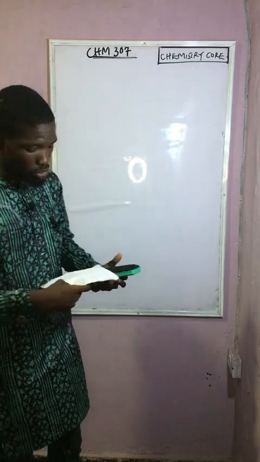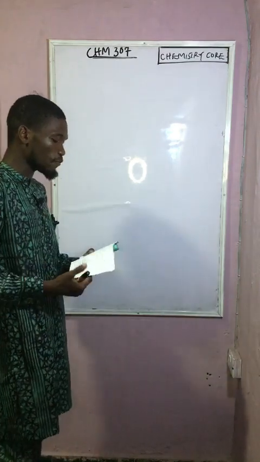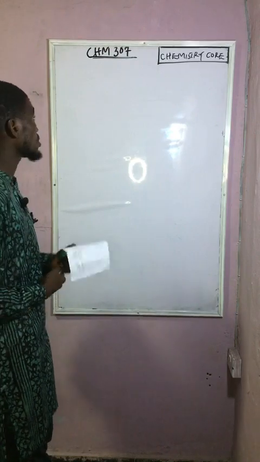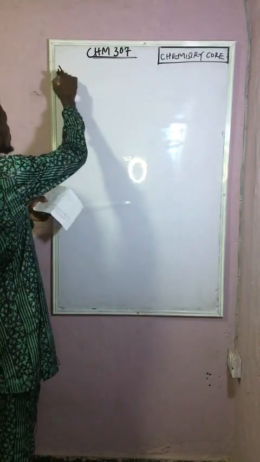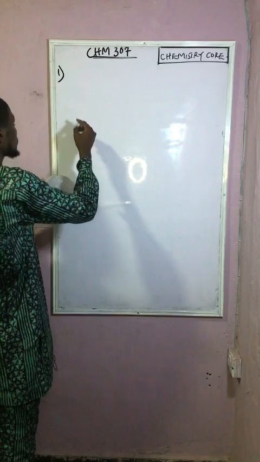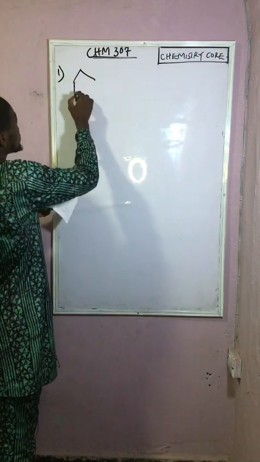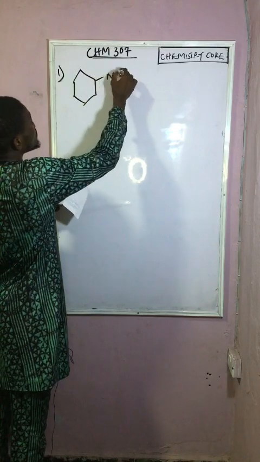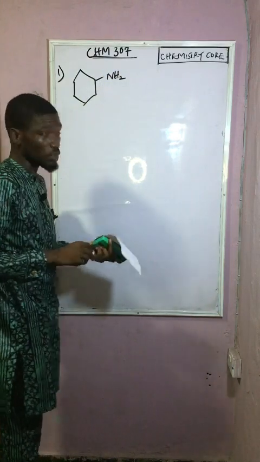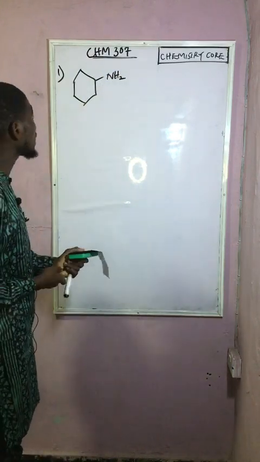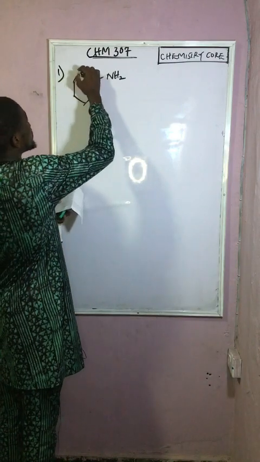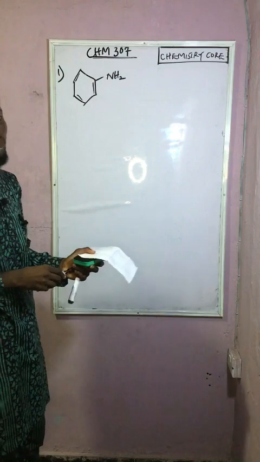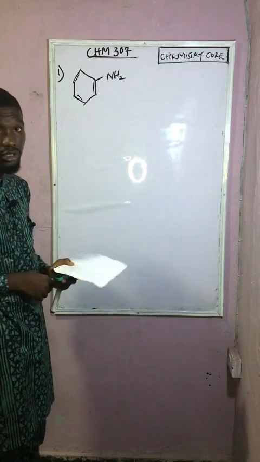So the first question goes thus: name the following aromatic compound, which is the first question from their CA. You have this. This is the first compound. And if we are to name a compound like this, how will you go about it? We all know that NH2 is what? Amine.